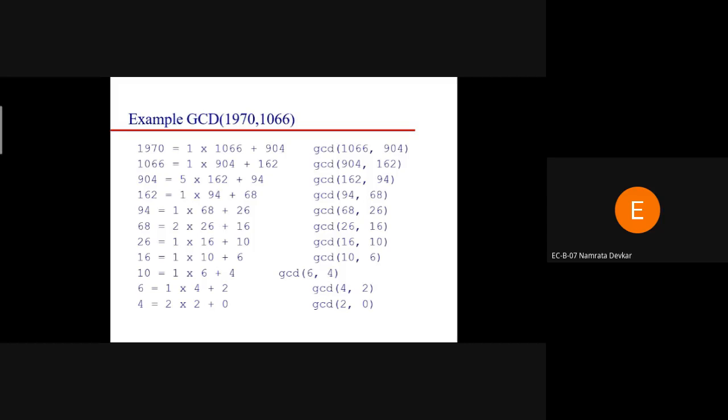The statement of the division algorithm is a = qn + r. Now we have to find the greatest common divisor and solve this example using the Euclidean algorithm. So what is the basic concept of the Euclidean algorithm?